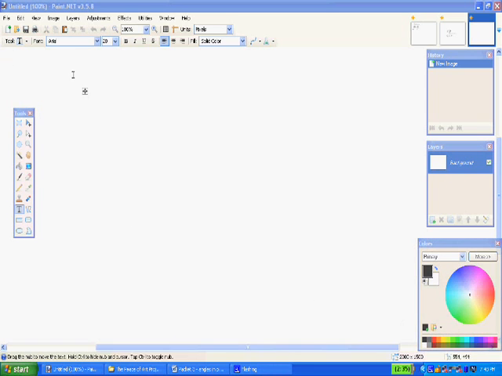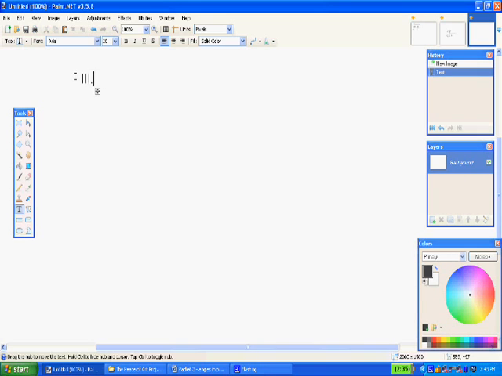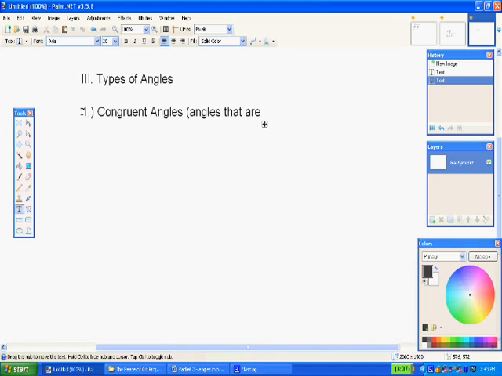Now we're going to go over the different types of angles. The first type that we're going to talk about are congruent angles. Congruent angles are angles that have the same measure, or simply are equal. Example.